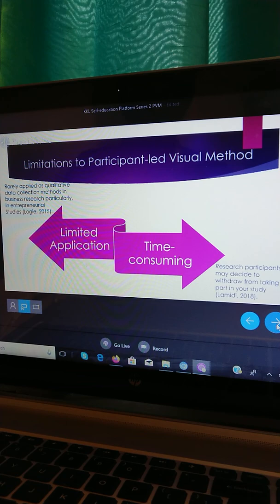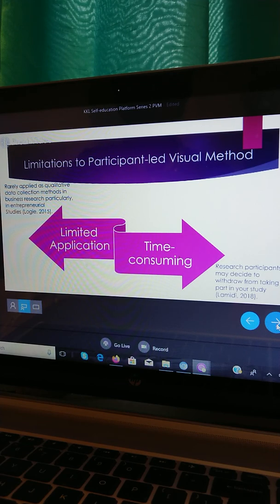So, having highlighted the uses or the advantages of participant-led visual method, what are its limitations? Firstly, the gap in the entrepreneurship outlet: there is a limitation of the application of this particular method within entrepreneurship research. Then, secondly, from my own practical observation in conducting my research, it is time consuming.